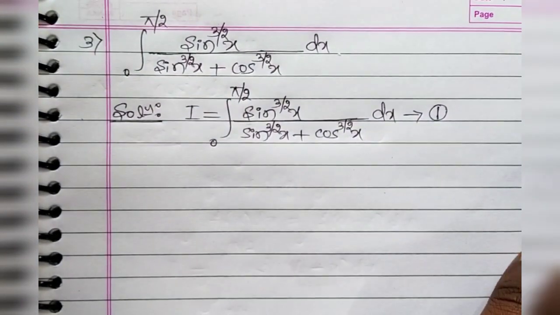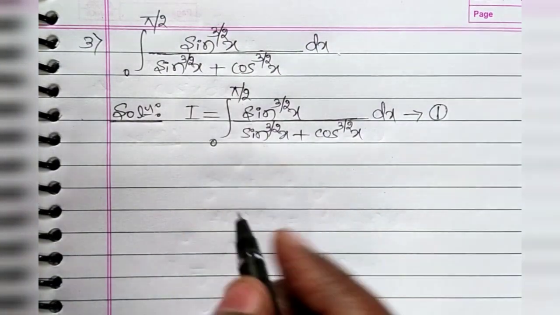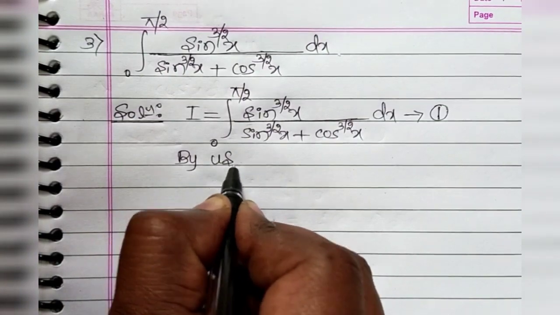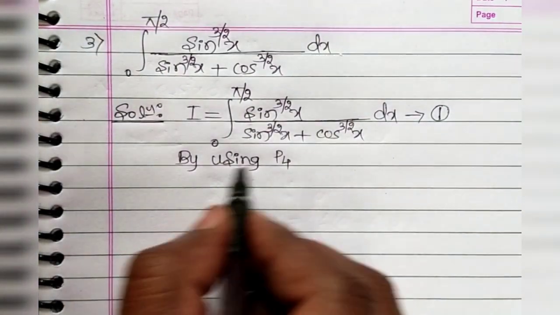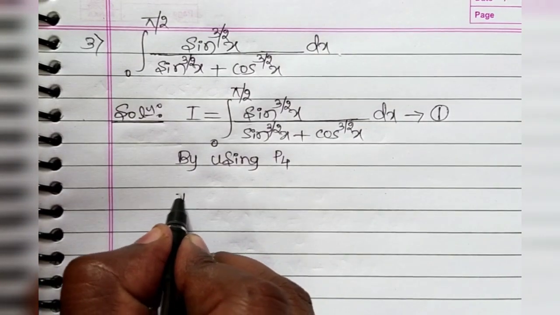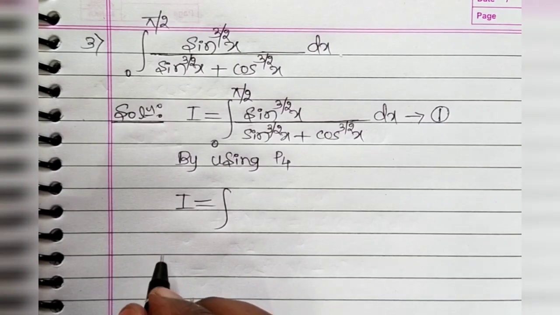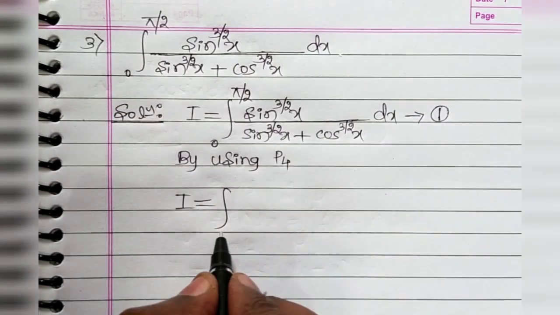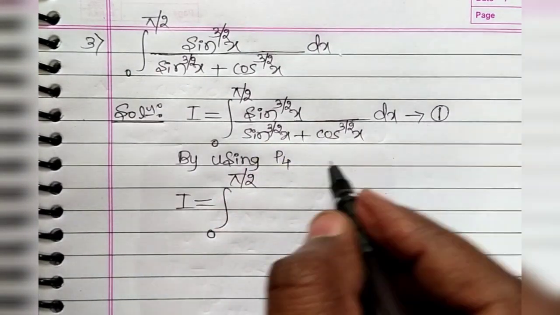Now again we have to make use of P4. It is in the form of 0 to a. So by using property P4, I is equal to, what does the property P4 say? The integral from 0 to a of f of x dx can be written as the integral from 0 to a of f of a minus x.